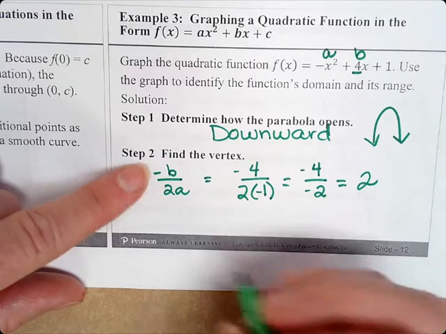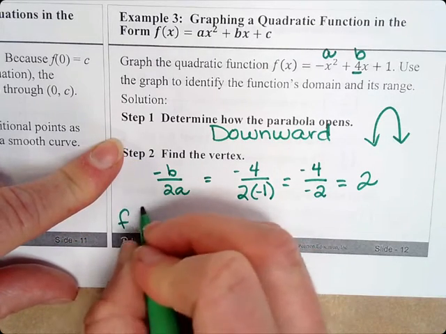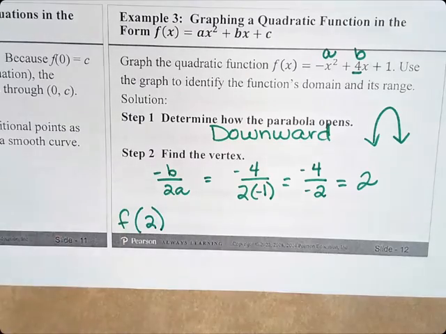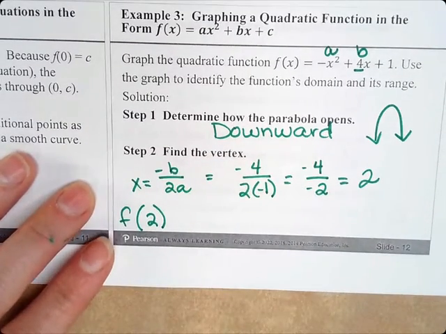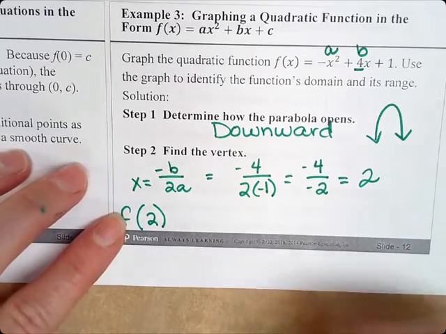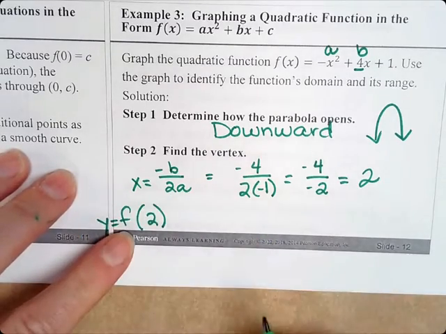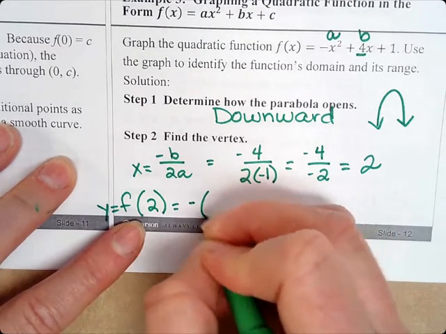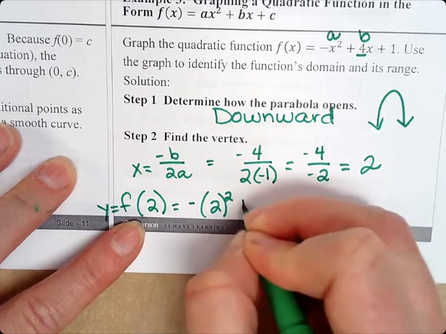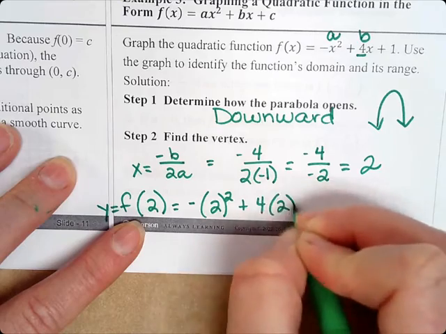So now we need to find the y value. So we substitute in the x value. So this was the x value of the vertex. So now the y value is found by doing substitution. So we're going to do negative parentheses 2 squared plus 4 times 2 plus 1.